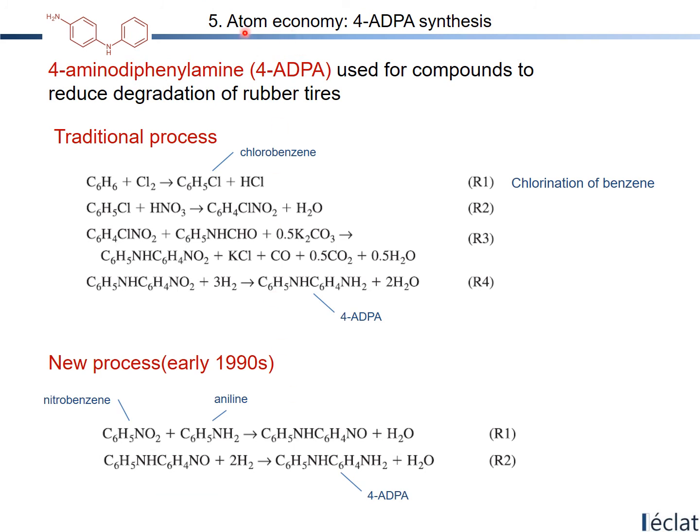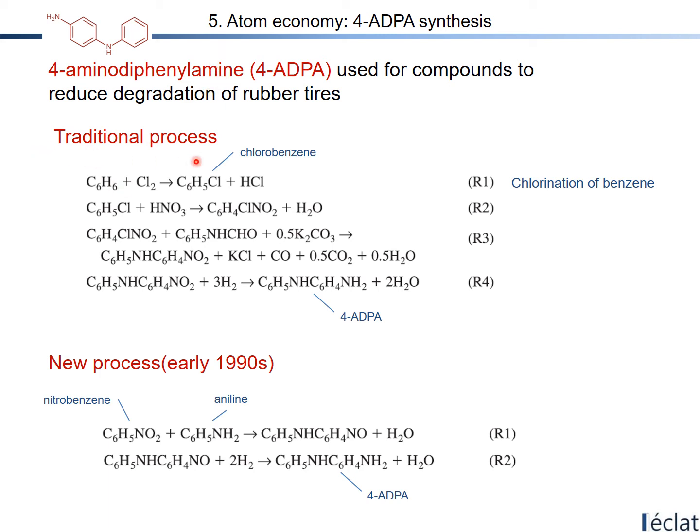We are still on the atom economy, and here is the second example, the 4-ADPA synthesis process. 4-aminodiphenylamine, shortly 4-ADPA, is the compound used to reduce degradation of rubber tires. Here I'd like to introduce two different processes to make the same thing.